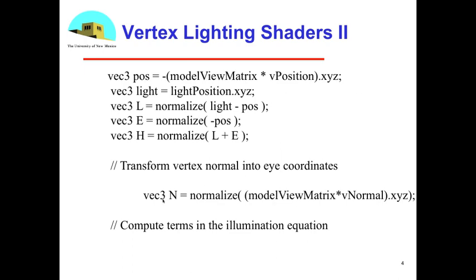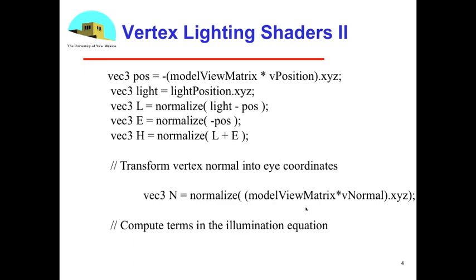Okay, I also have to transform the normal. If I transform the position, I also transform the normal. Here I'm arguing that this is obtained by just the same thing that I did up here, multiplying by the model view matrix and then just selecting those first three components. That's not the most general case.